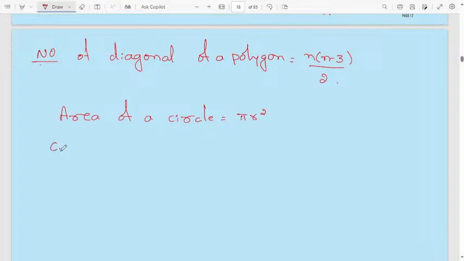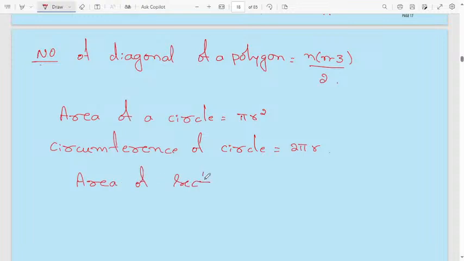Then circumference of circle is 2 pi r. Then area of a sector is theta divided by 360 degrees into pi r square.